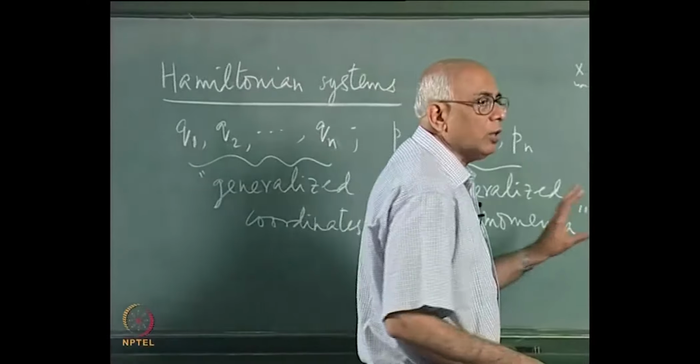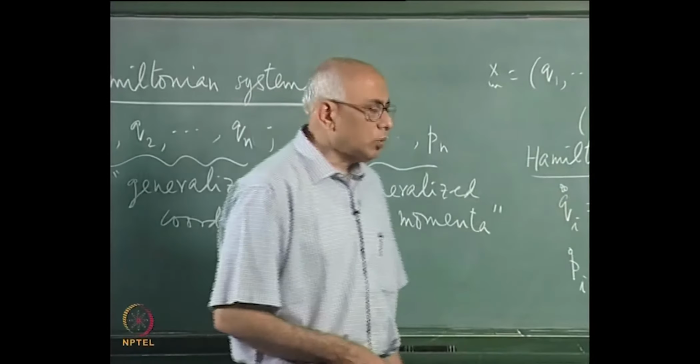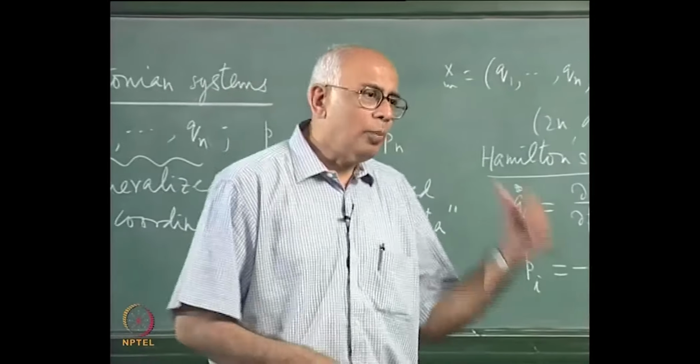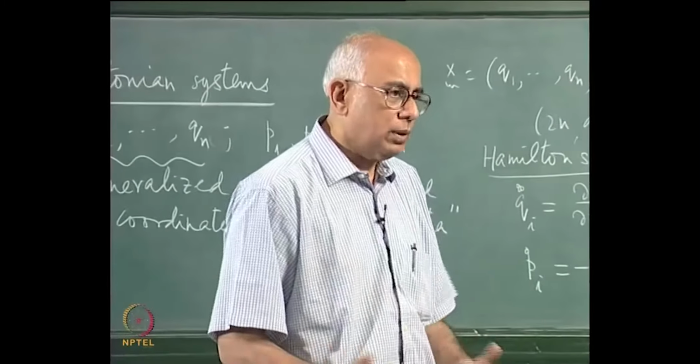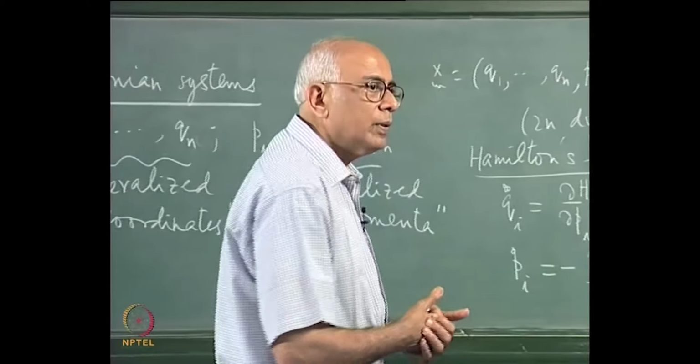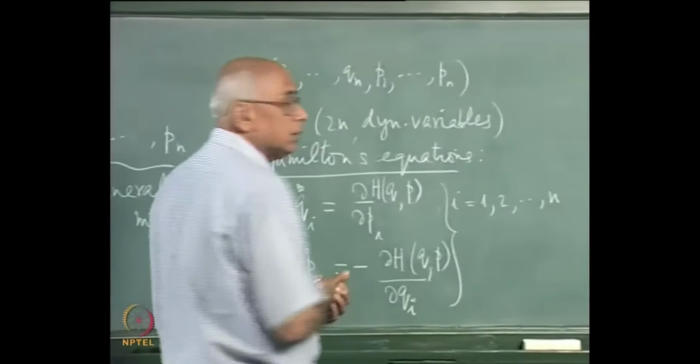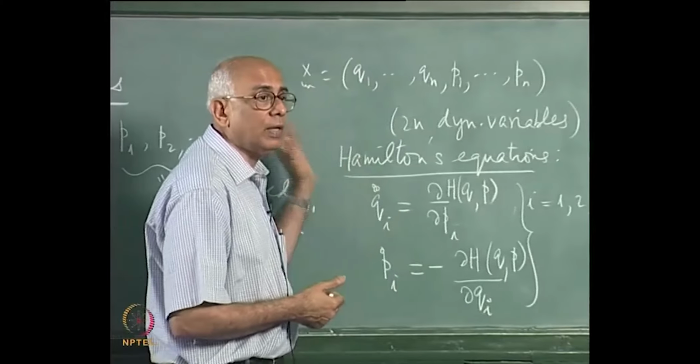This is the definition of a Hamiltonian system, but as soon as I finish defining this, I will go back to ordinary mechanics and show you that ordinary mechanical problems in the absence of frictional forces, these are the defining equations, these are Hamilton's equations, they define a Hamiltonian system.